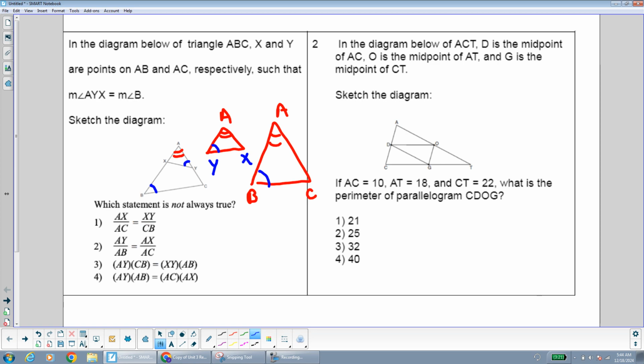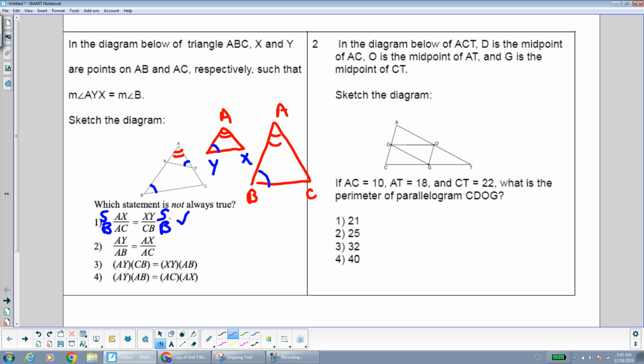So let's take a look. In the first one, it has AX. That is from the small triangle. AC, that corresponds from the big triangle. So far, so good. Over here, we have XY from the small triangle, and that corresponds to CB from the big triangle. All good.